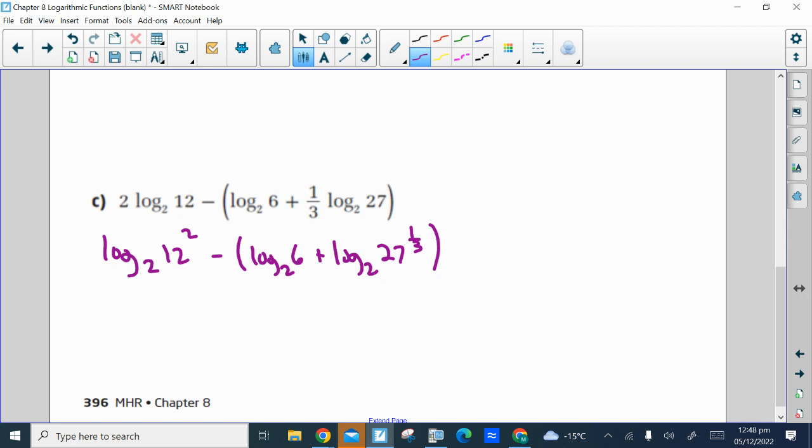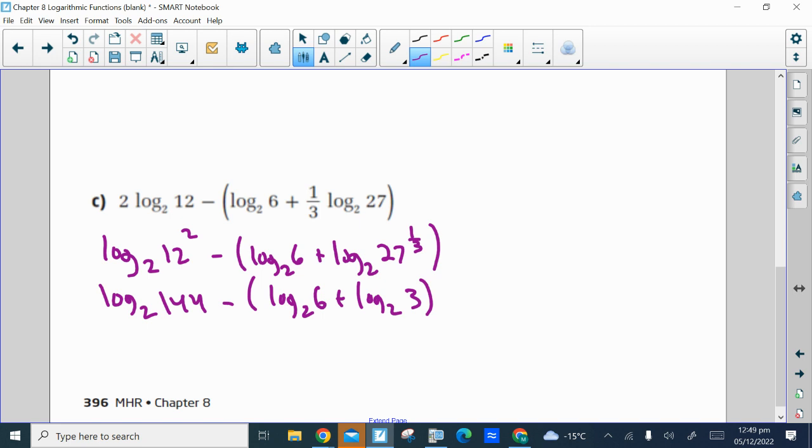Before we combine these two, we have to have them as individual logs, no coefficients. So that first term, 12 squared is 144. And 27 to the 1/3 is the cube root of 27, which is 3.